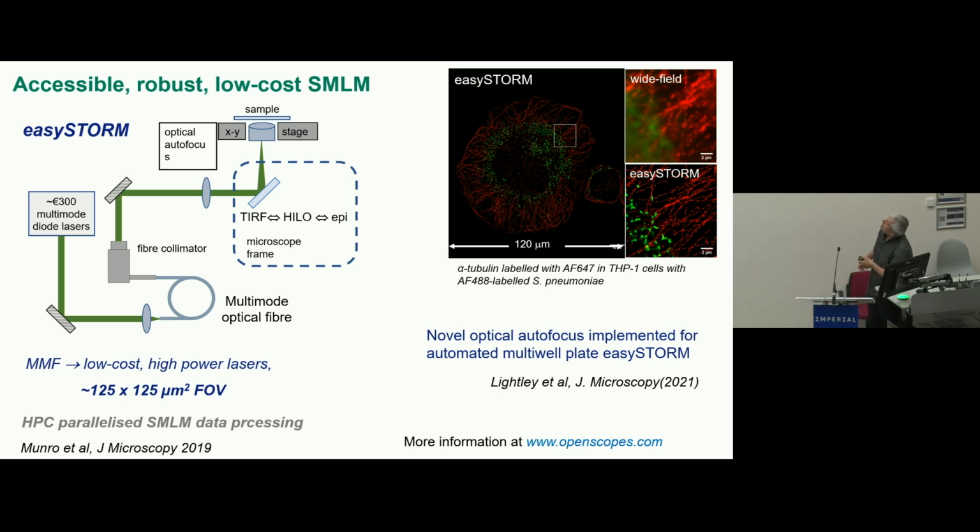Initially we started by adapting commercial microscopes. The easySTORM is based on a commercial microscope. And we adapted it with this illumination, where instead of coming from a laser, it is now coming from a powerful LED.